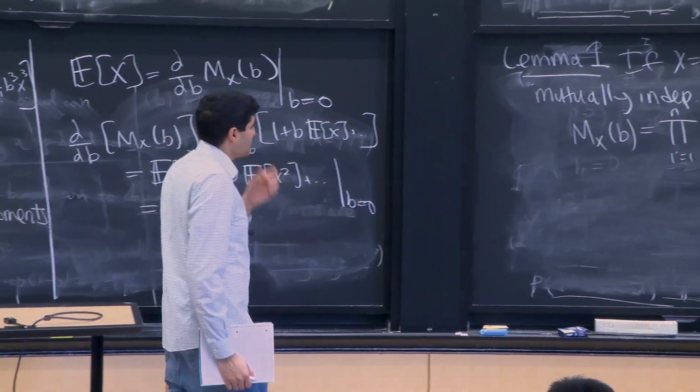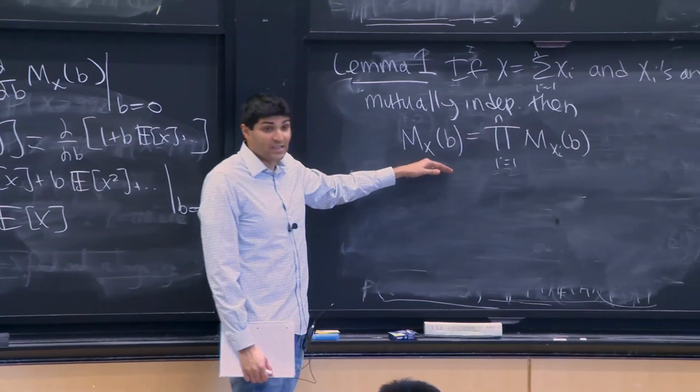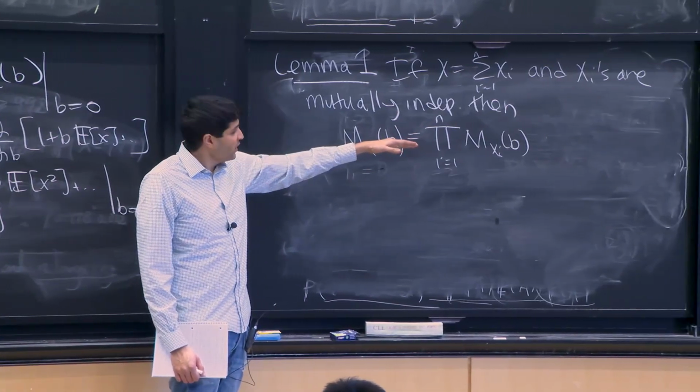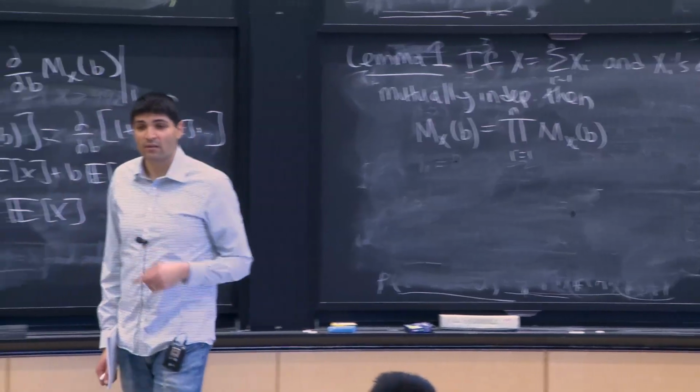So that's the first key statement. This is why the moment generating function plays nicely with mutual independence, because it decomposes as a product of a lot of things. Was there a question?